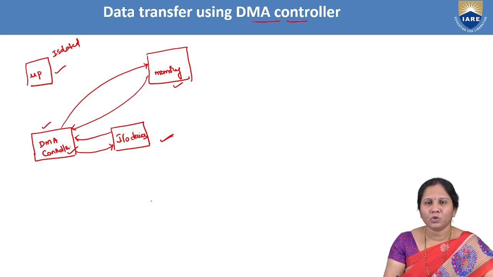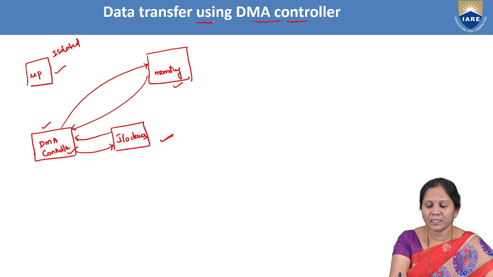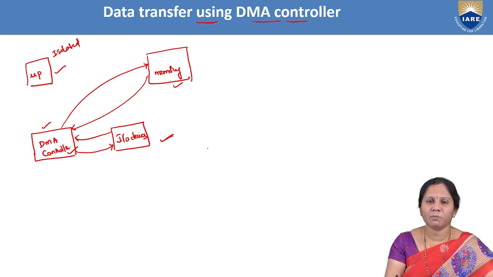In the conventional method, that is the previous method, the data transfer is performed by using software instructions. But here, since the DMA controller is used, the data transfer is performed between the memory and IO devices by using the hardware unit called the DMA controller.